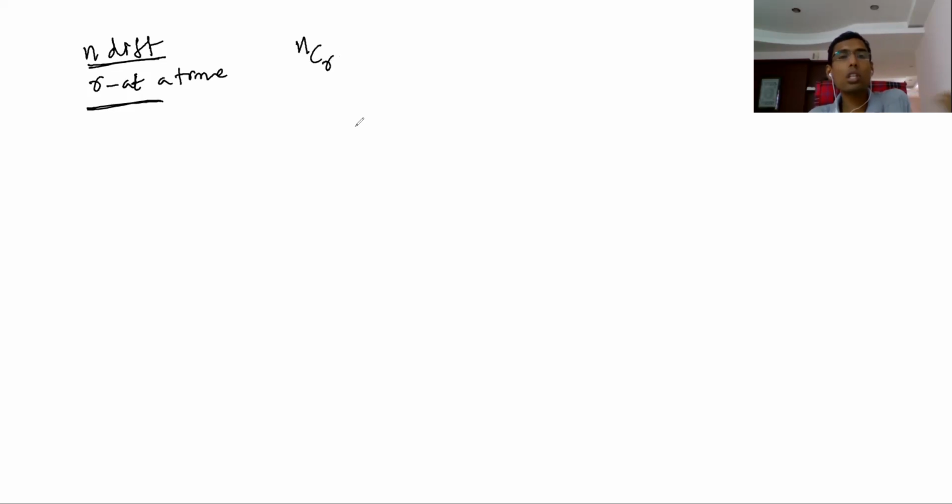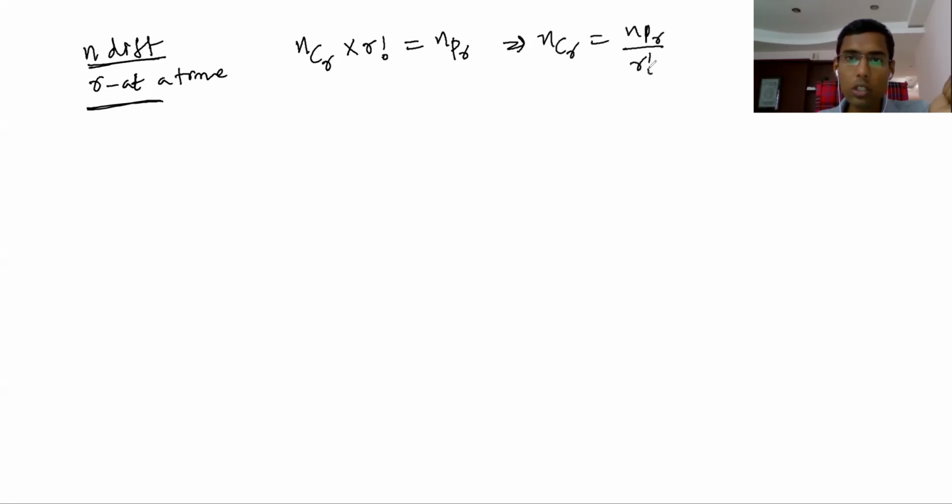Suppose you select in NCR ways, and then arrange in R factorial ways. NCR ways you selected and then you arrange in R factorial ways. This is nothing but NPR. Selection and arrangement will give you NPR. So therefore NCR is nothing but NPR by R factorial. This is the formula for you.